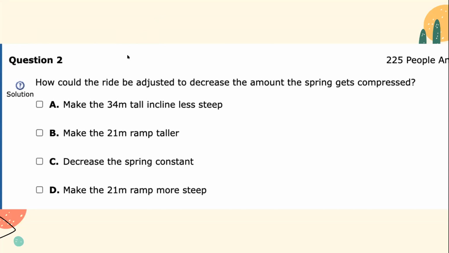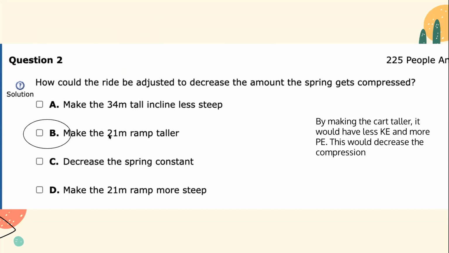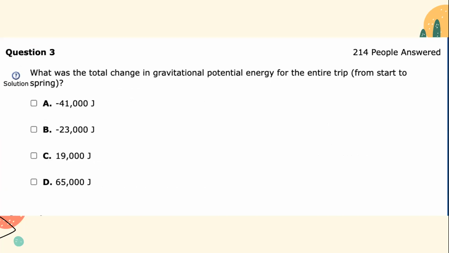So if we make the ramp taller, it would have less kinetic energy and more potential energy. And that would actually decrease the compression. Does that make sense? So B would be the best answer here to decrease the amount that the spring actually gets compressed. Okay, what about number 3?